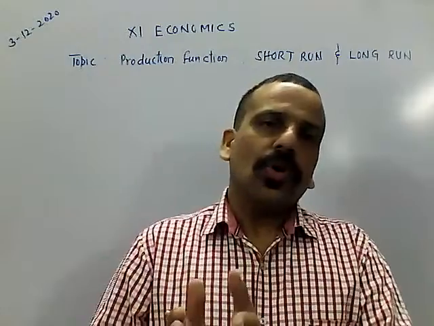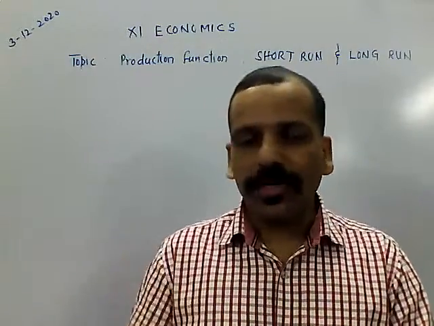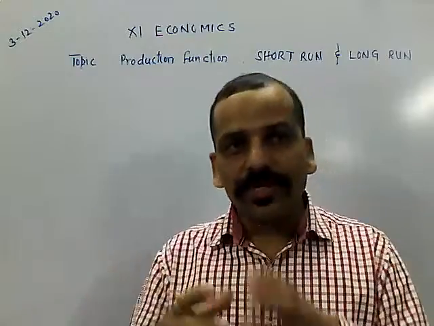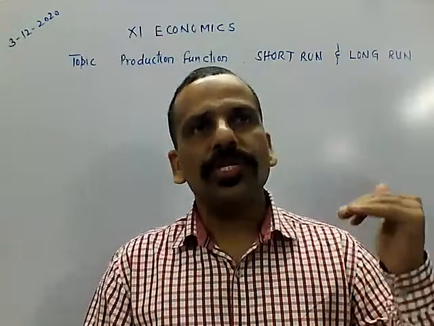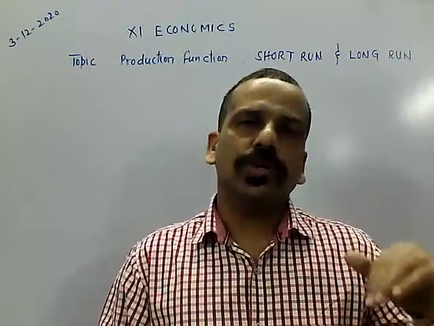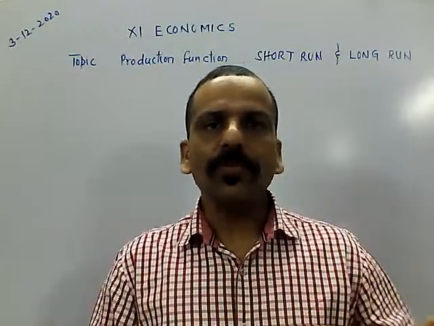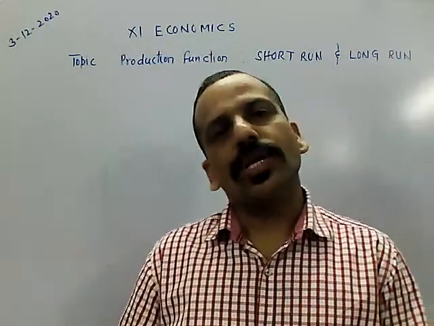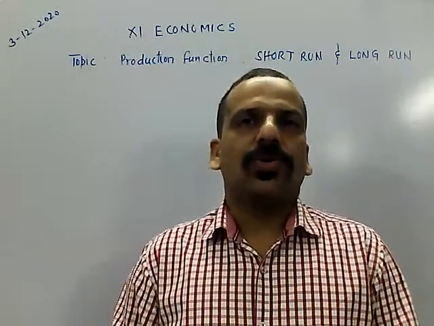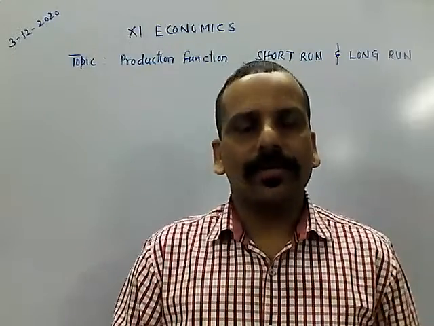Output is there, no doubt, but output in the short run or in the long run. Time period is also there in the economy, and time period always matters. Production takes place in the short run as well as in the long run. When we explain the short run, we have some limitations.